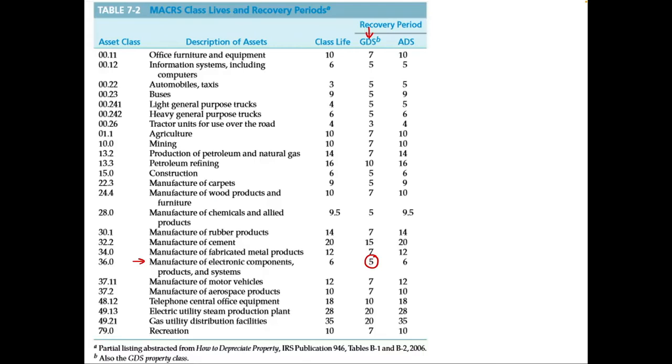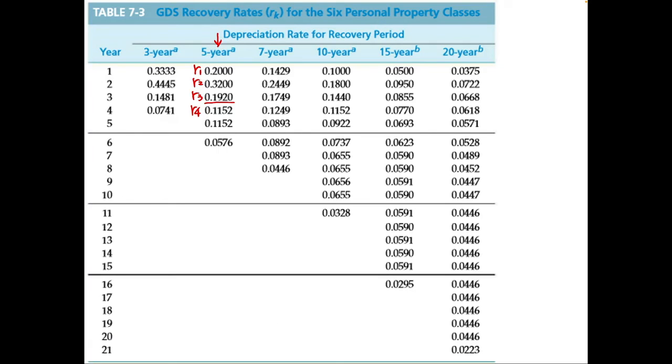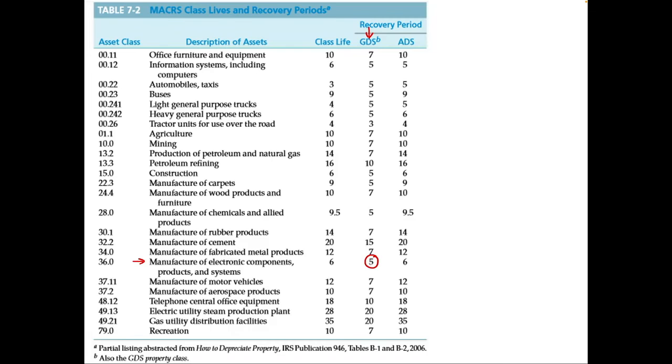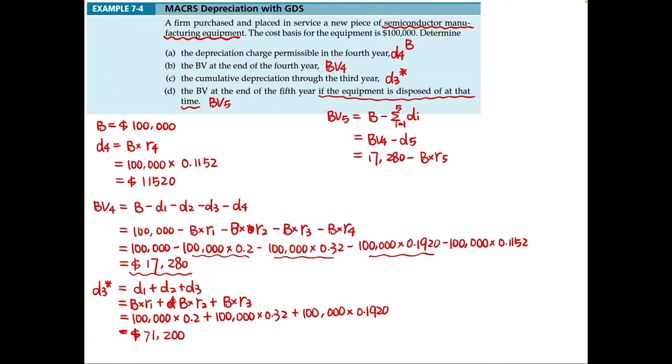Okay? But here, are you going to use this R directly? You can't, because it is stated that the equipment is disposed of at the end of the fifth year. So by the requirements of half-year convention, you can only take half-year depreciation deduction of that year. So here you have to make it a half.